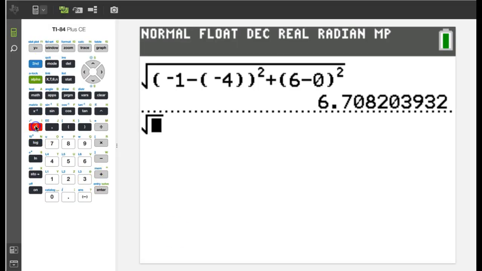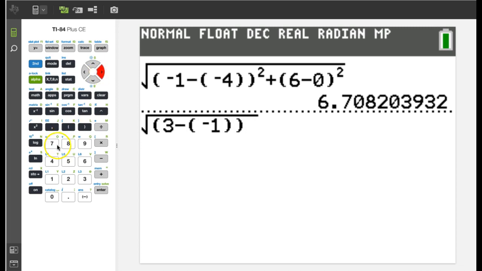So let's plug that into the calculator. Square root of 3 minus negative 1. Whoops, I forgot a parenthesis over here. If you ever forget a parenthesis or forget anything, you can use the insert button. So if I do second insert, that's going to let me put something in right in front of where I had it.